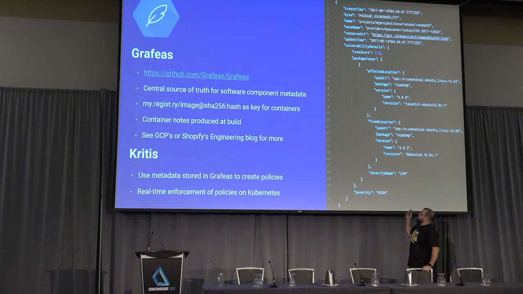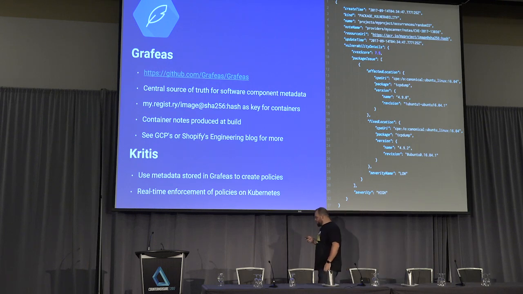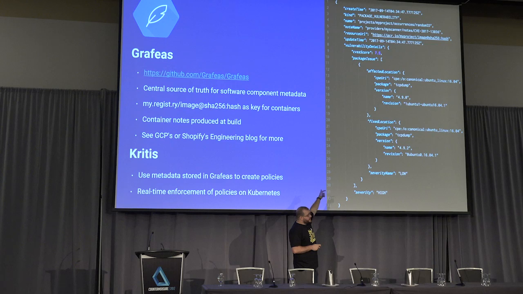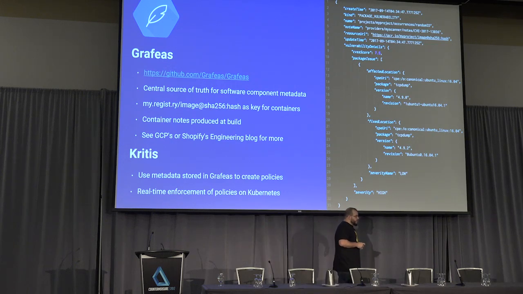On the right-hand side here, this is a JSON blob. Everything is JSON and YAML. I call myself a YAML engineer now working with Kubernetes, and you'll find out why soon. But with this vulnerability information, we have a vulnerable package, tcpdump. tcpdump had a vulnerability in 4.9.0. It's actually fixed in 4.9.2. You can see on line 25.